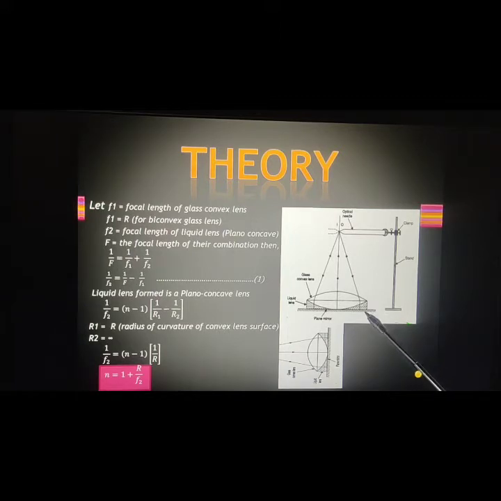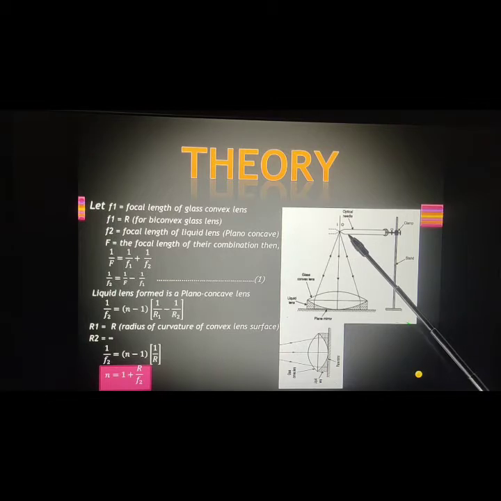After these parallel rays emerge from the lens, they meet the mirror. They are parallel rays, so the angle of incidence is equal to 0. Angle of reflection is also equal to 0. So they retrace the path, and the image is formed next to the object here.